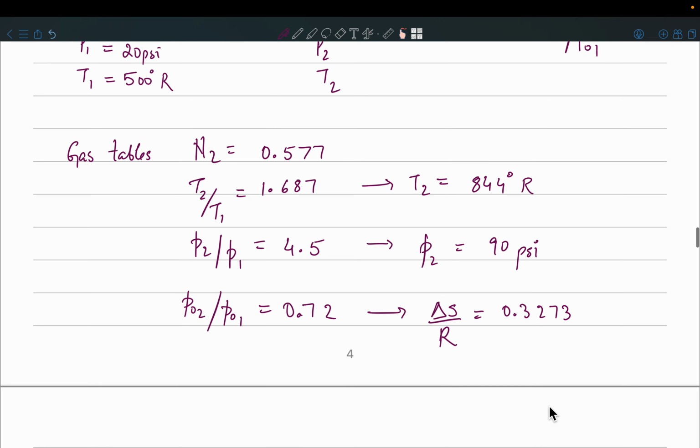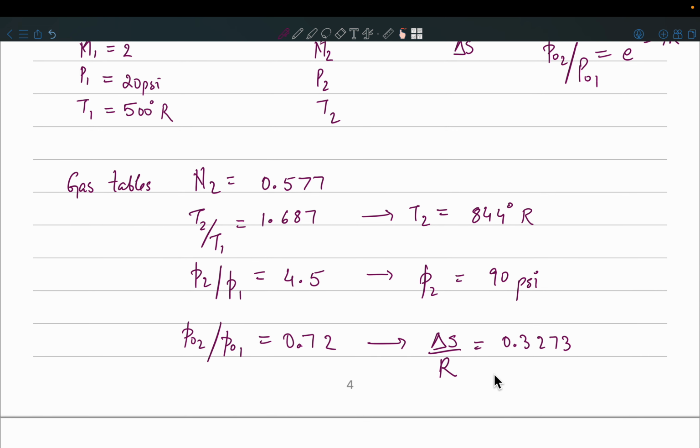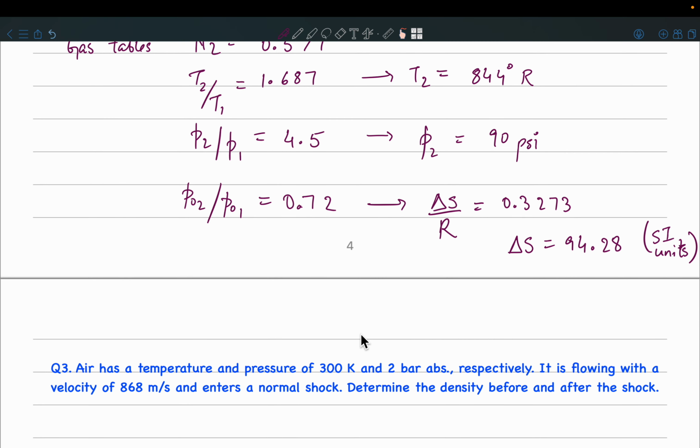You can tell me the value of delta S by R. Delta S you are getting 94 point, so this is in SI units. Can you also tell me delta S by R? 0.32. Yeah, that is fine.